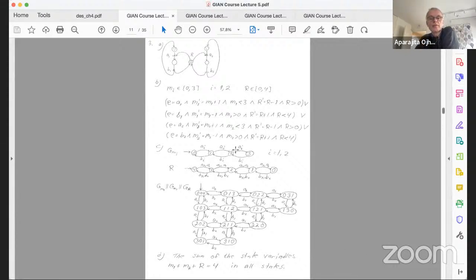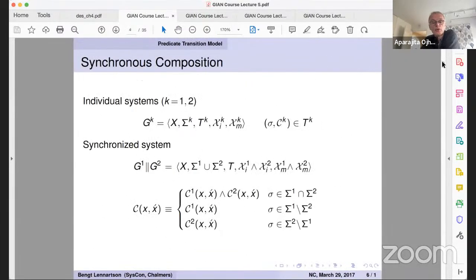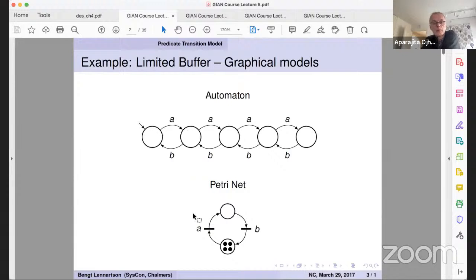So this is an interesting remark, that any place in a Petri-net can, with an automata, be described as a buffer in the same way as I showed you earlier in this example.